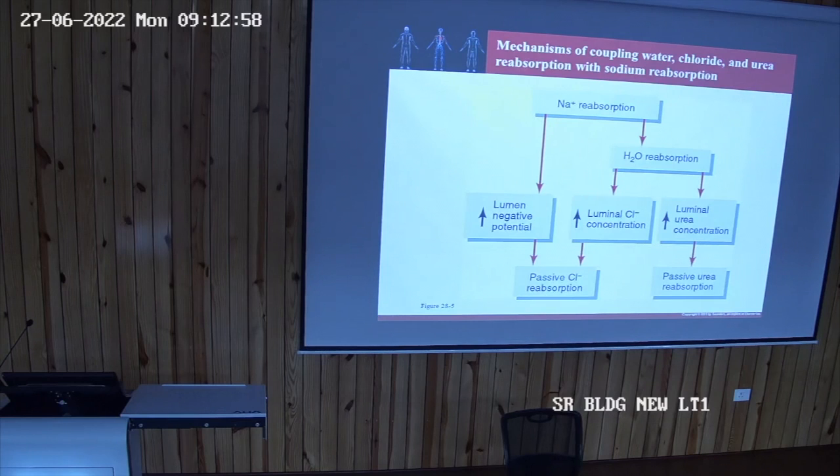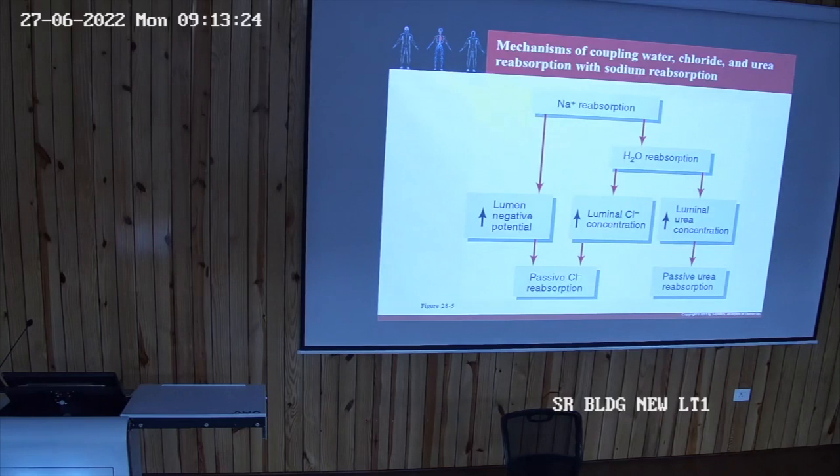Descending limb is impermeable to solutes, only permeable to water. This type of water reabsorption taking place in the descending limb is known as obligatory reabsorption of water.